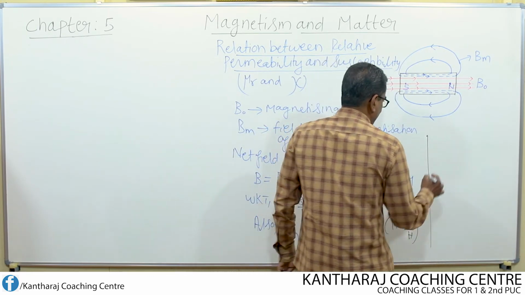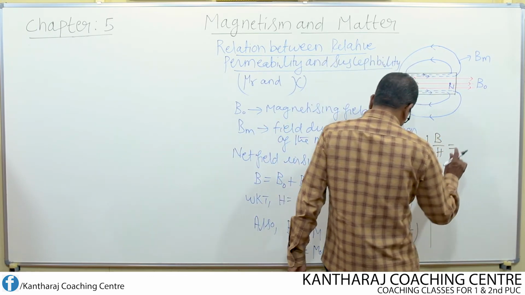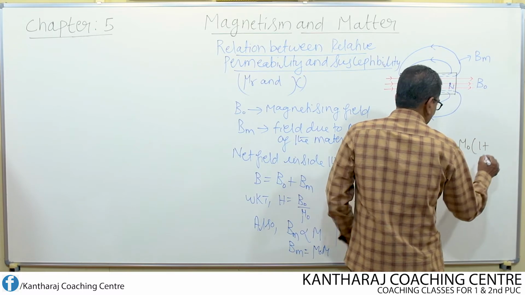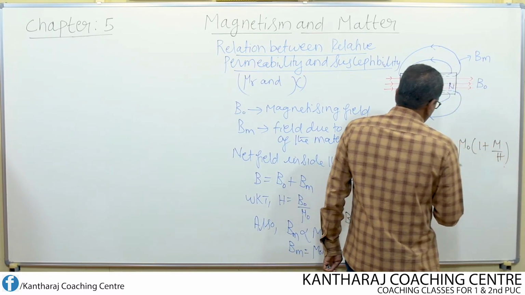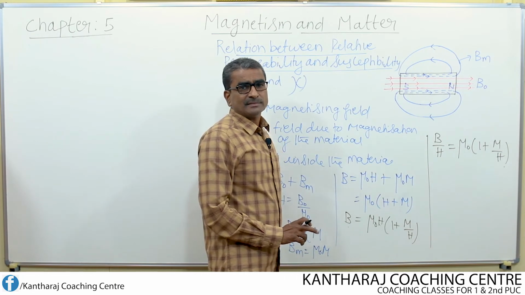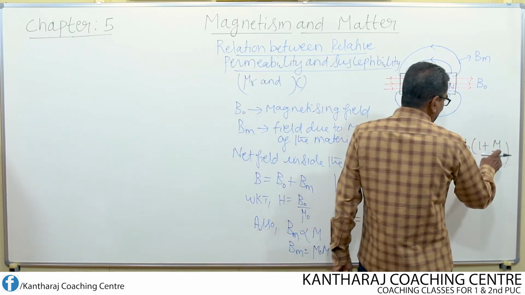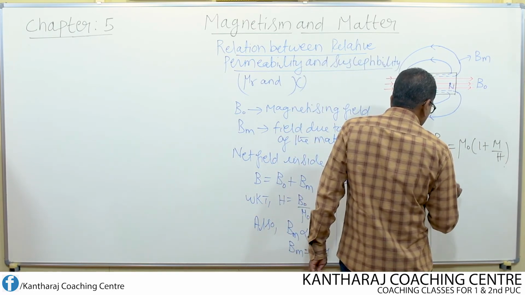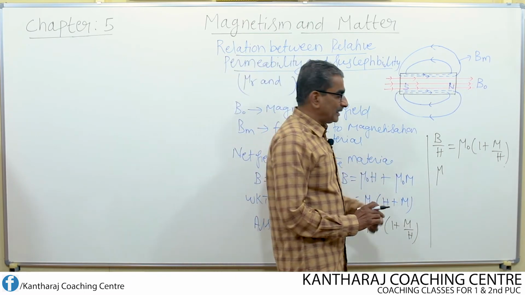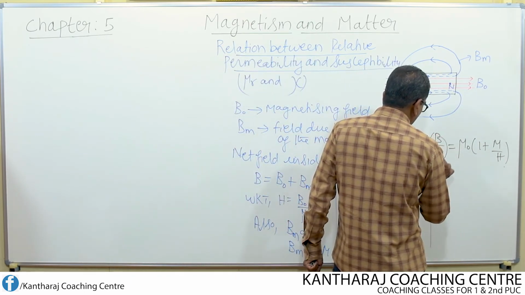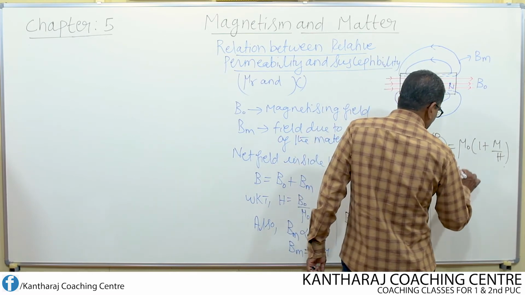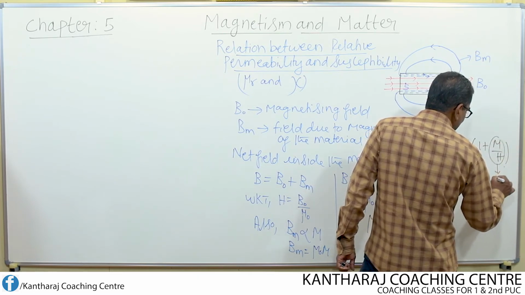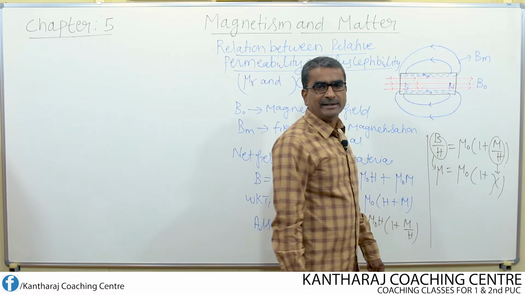Then B divided by H equals mu naught into 1 plus M by H. B by H can be taken as mu, the permeability of the magnetic material. So B by H is equal to permeability mu, which equals mu naught into 1 plus M by H, and this M by H is nothing but susceptibility, chi.